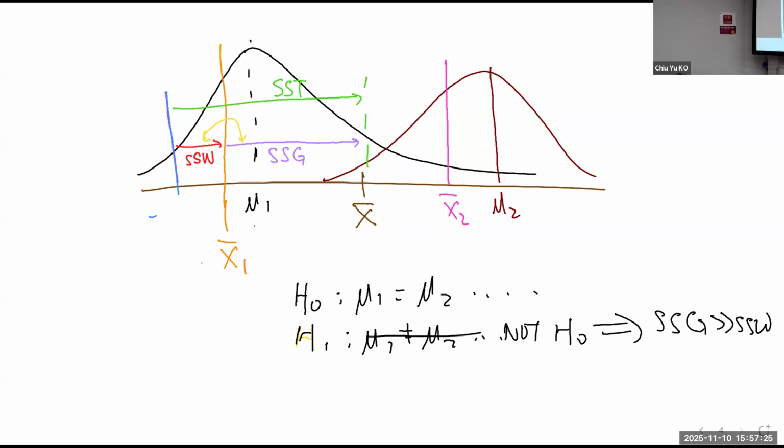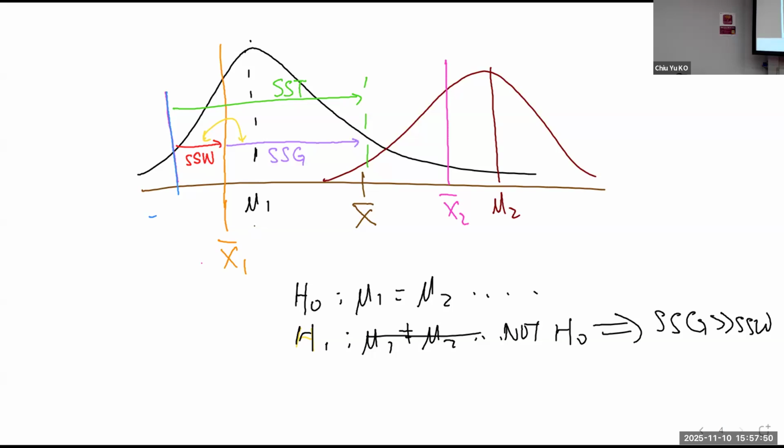One is error in the sample, but it also reflects the distance between each group. And SSW is minus its own group, so it has no problem; it's always only capturing sigma. But SSG is more than the sigma, right?